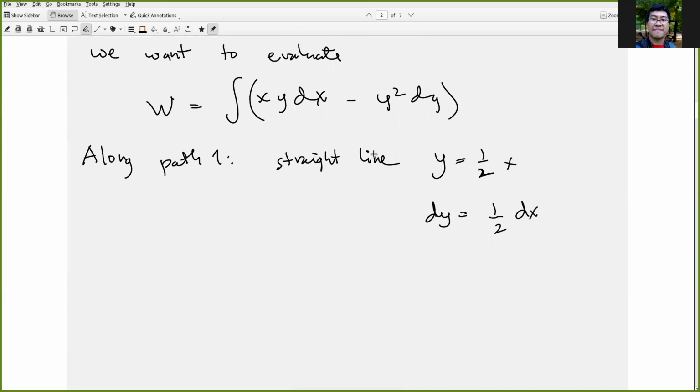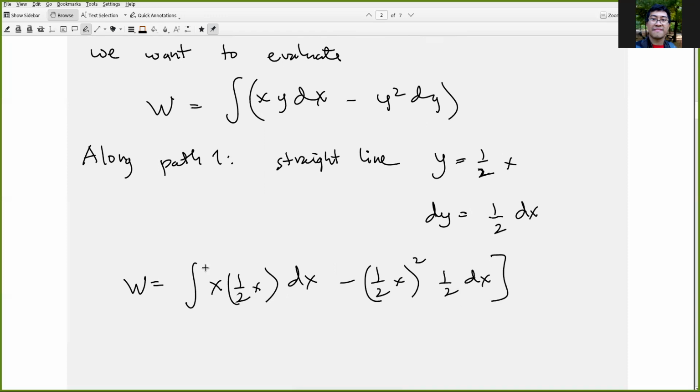Now we can substitute all the y's and dy's here by these two. So we have W equals the integral of x, y is 1/2 x, dx minus y is again 1/2 x squared, dy is 1/2 dx.